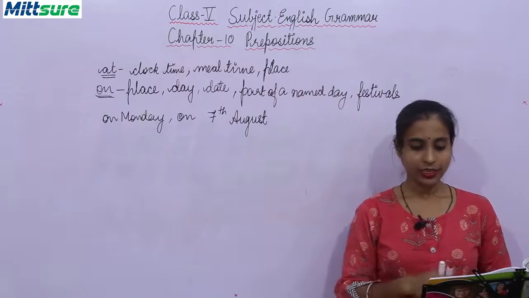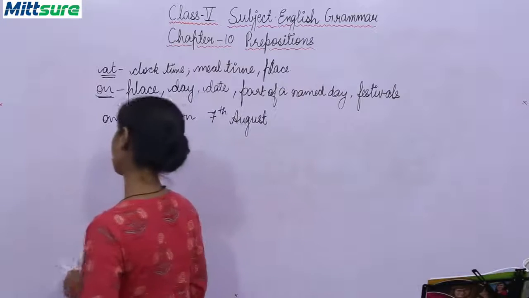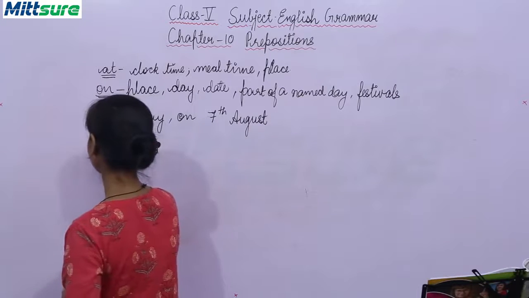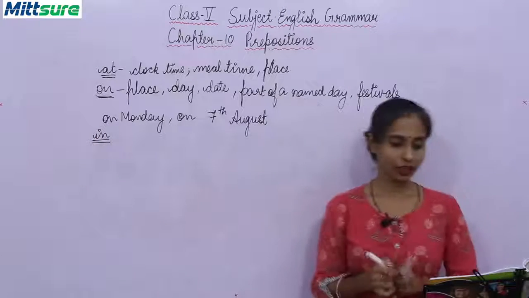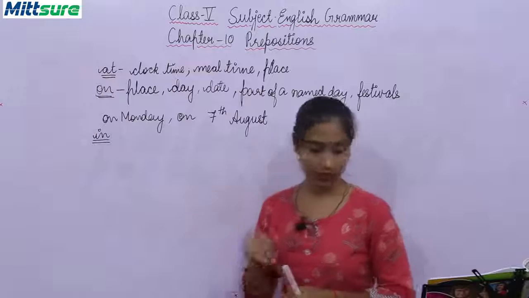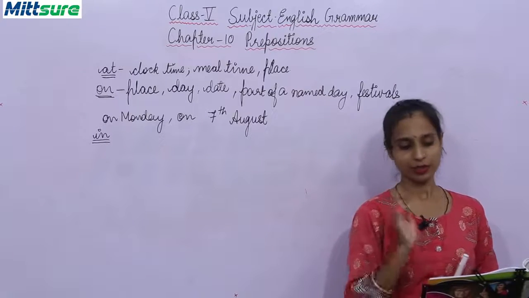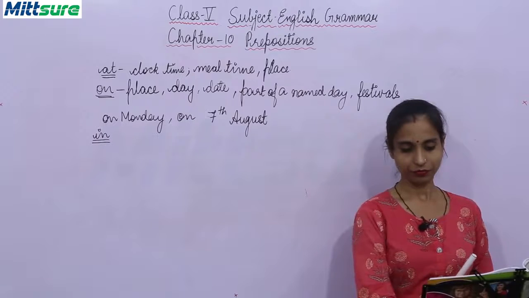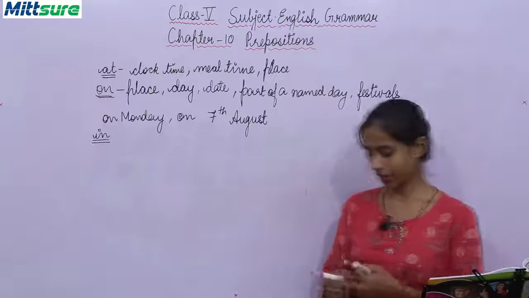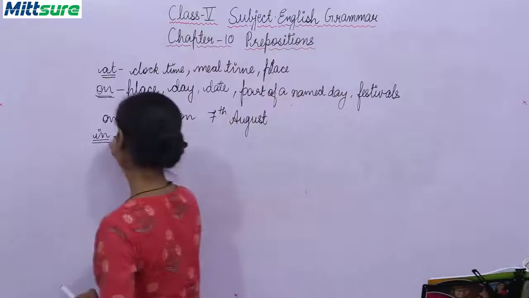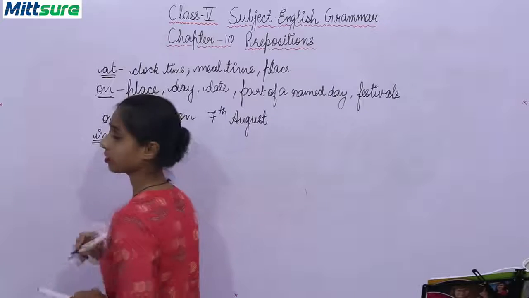Now, next we are going to study the use of "in". What is the use of "in"? Again, it shows the period of time. For example, month. In front of a month name we use "in".